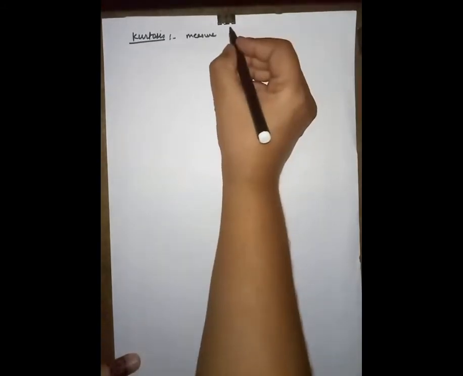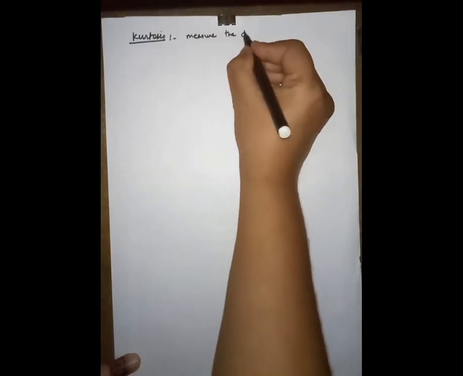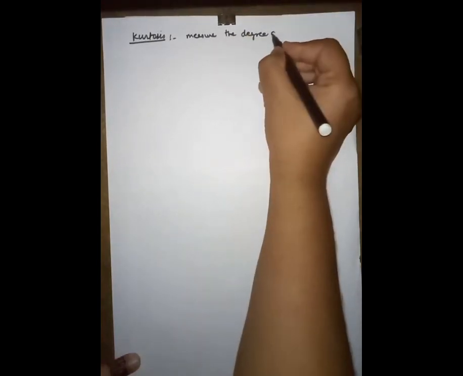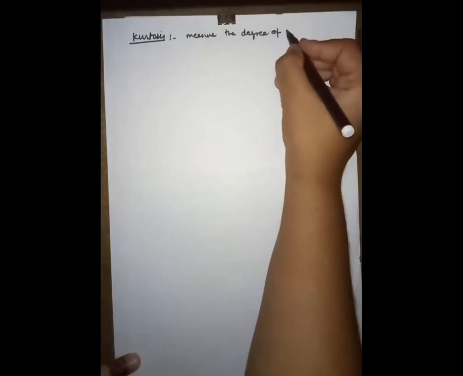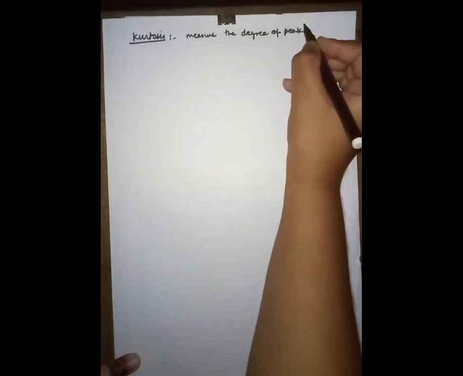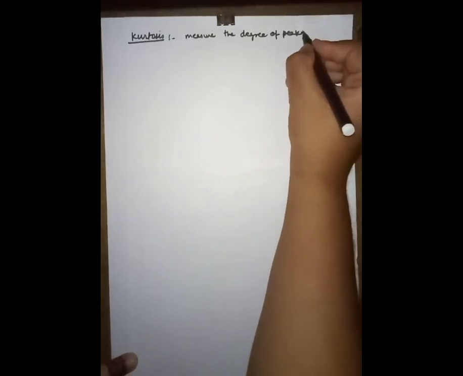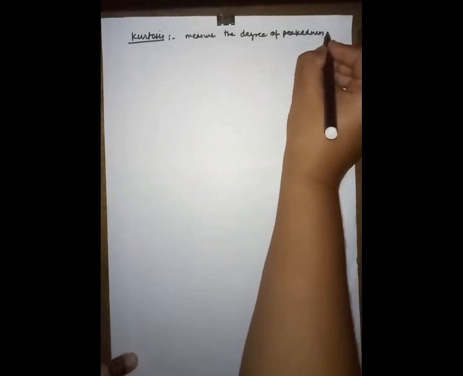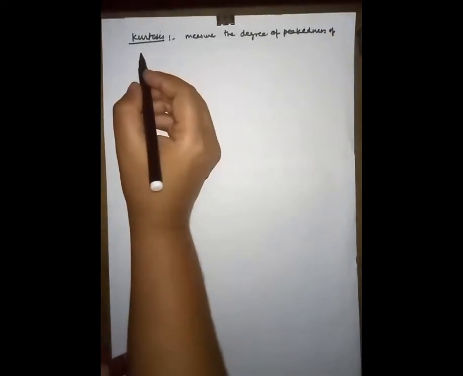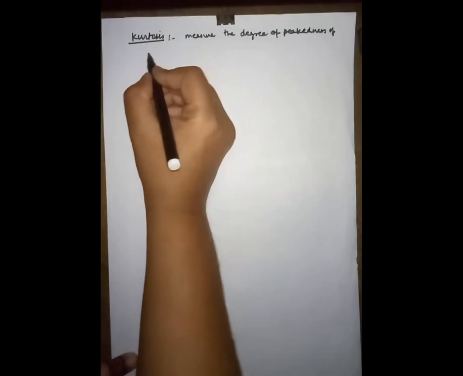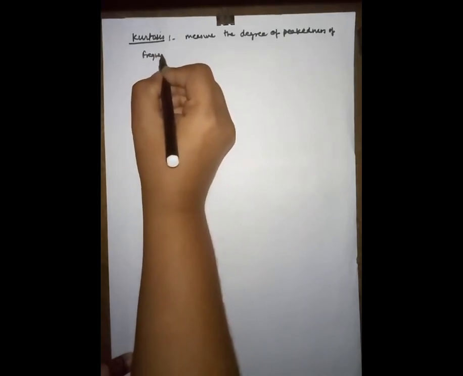As you see above, kurtosis measures the degree of peakedness of the frequency distribution.